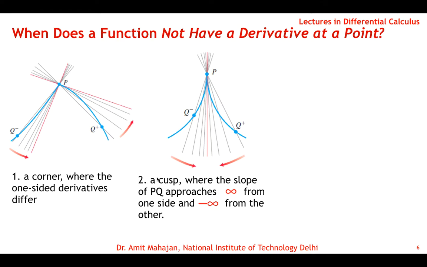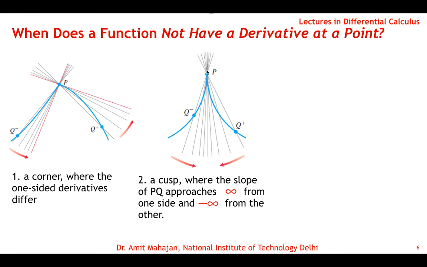We call a point a cusp where the slope of the secant approaches plus infinity from one side and minus infinity from the other side.